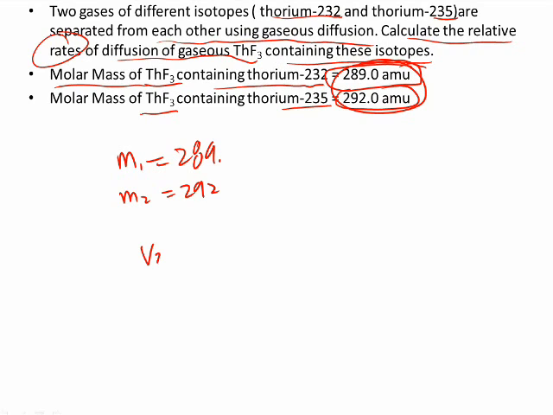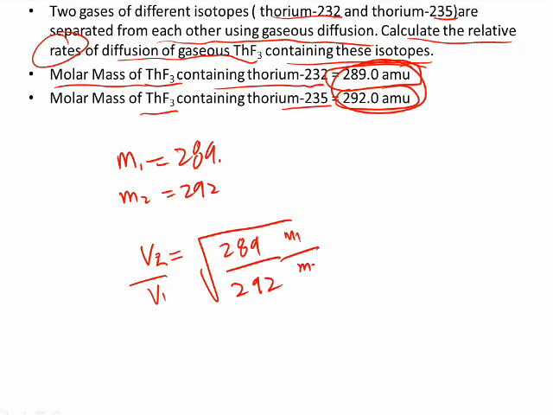Let's figure out the speed of V2. V2 is V1 times the square root of 289 over 292. That's mass 1 divided by mass 2. So that equals 0.99. So V2 will equal 0.99 times the speed of V1.